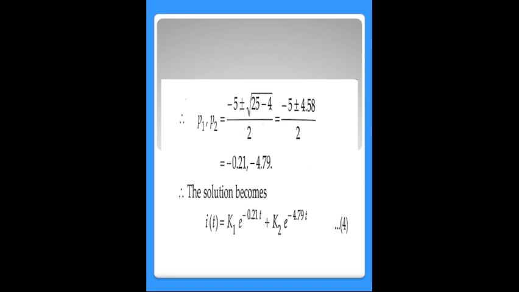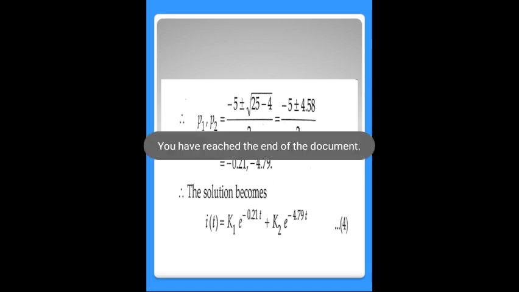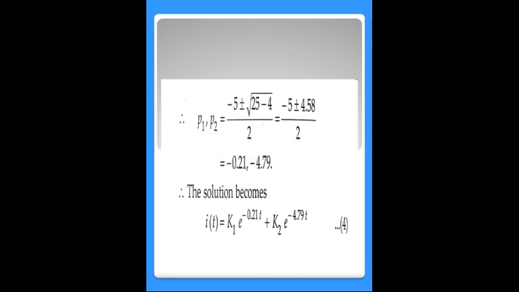So the solution becomes i(t) is equal to k1 e^(-0.21t) plus k2 e^(-4.79t). This is the solution of the circuit current. Okay students, this is the procedure of solving an RLC circuit when it is excited with a DC source.